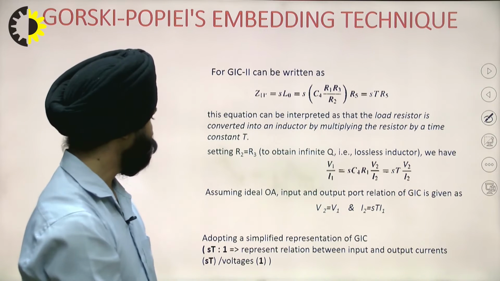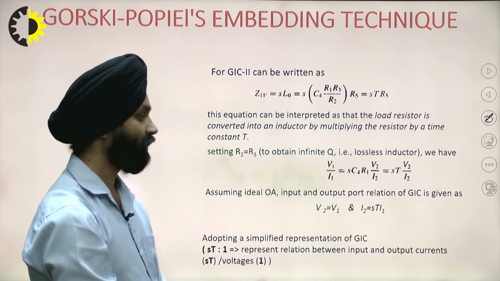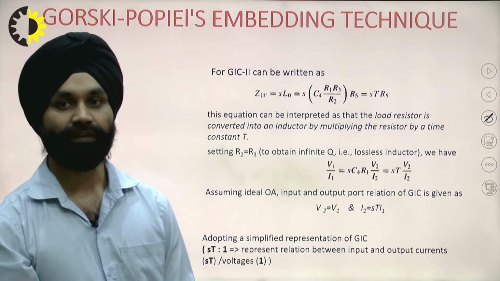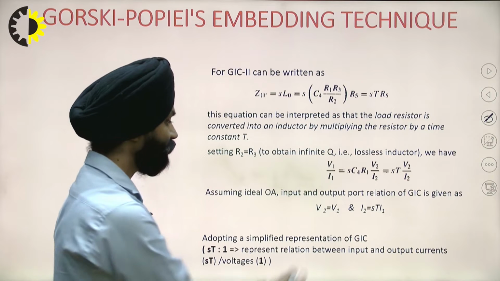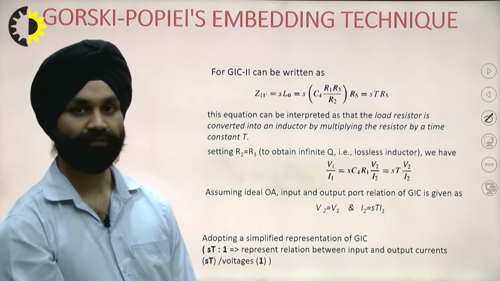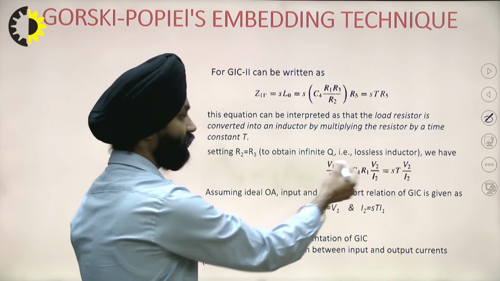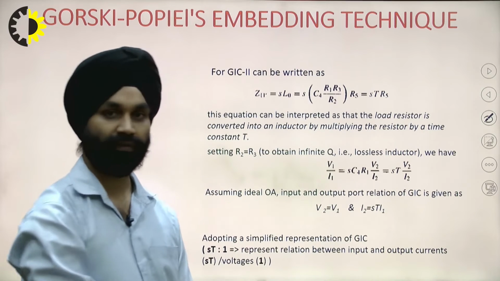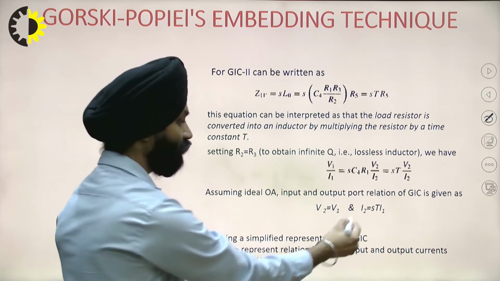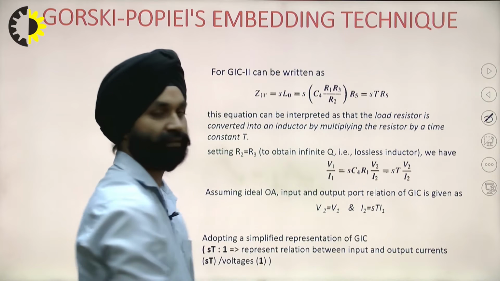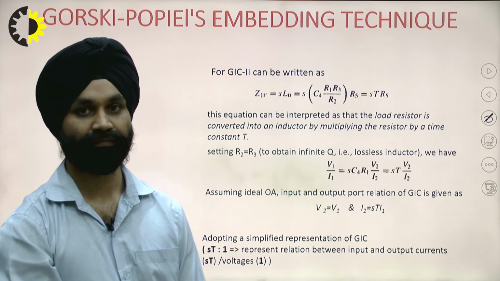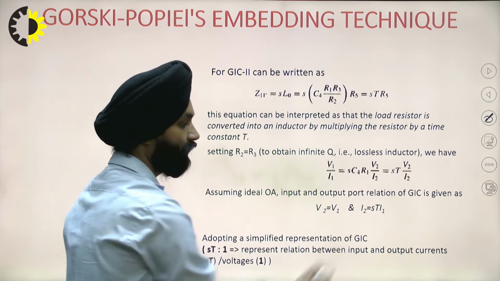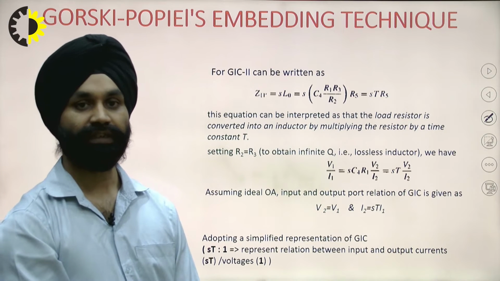If we assume ideal op-amps, then the input and output ports of the GIC are related by V1 equal to V2, and then I2 is equal to S T I1.